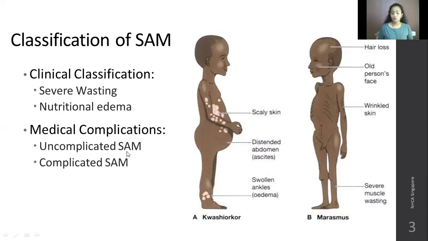Okay, in some case you have uncomplicated severe acute malnutrition. From the name itself you can understand what it could mean. The child is obviously malnourished, but he or she may not be having severe symptoms for malnourishment. So even the child may not require hospital admission.